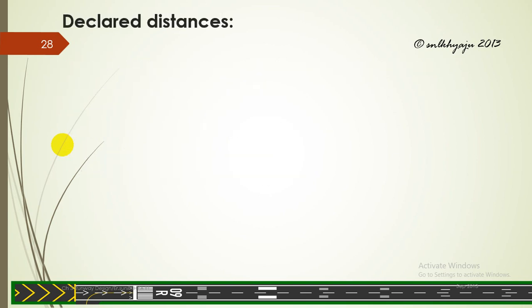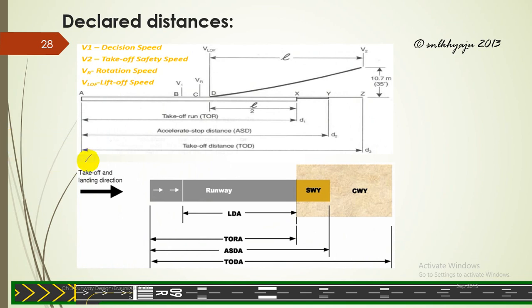Declared distances in runway. This is the figure showing the L-section of the runway, and this is the plan section of the runway.